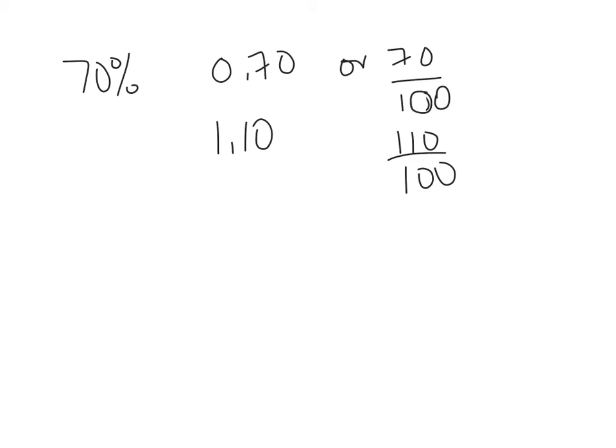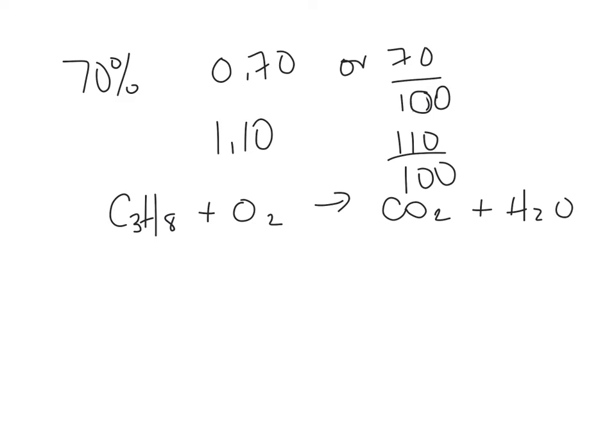So, if your unbalanced reaction is C3H8 plus O2 to make CO2 and H2O, you've got to balance that first. We're not doing anything new except we're adding one minor calculation, okay? So balance that chemical reaction like you did before.